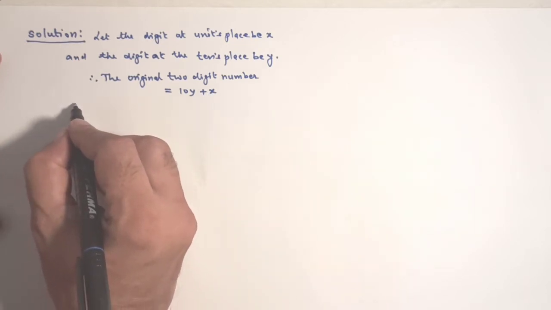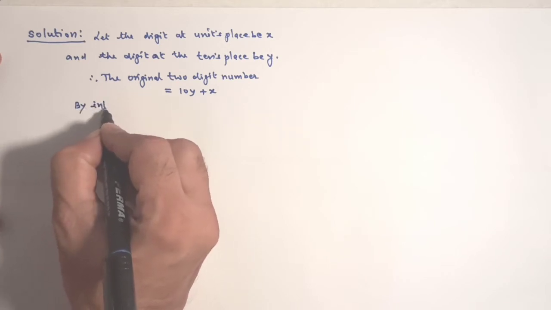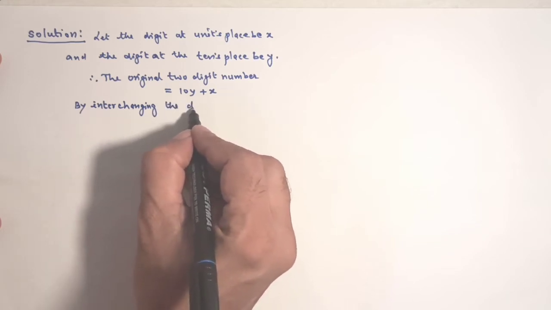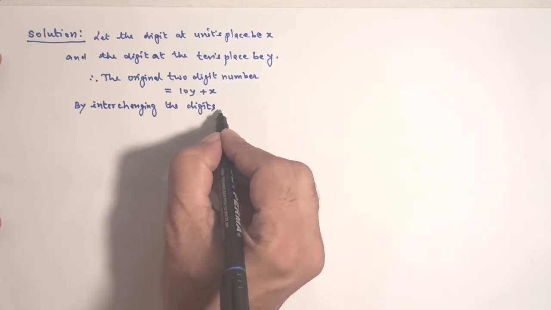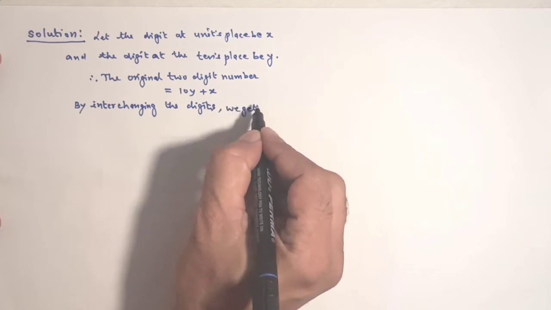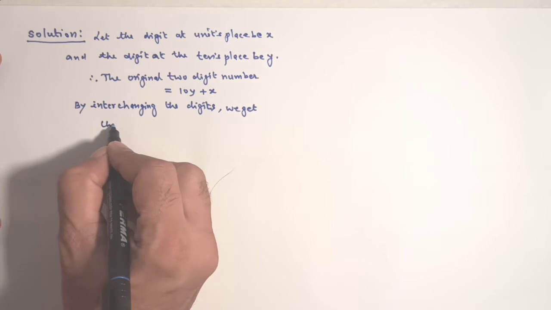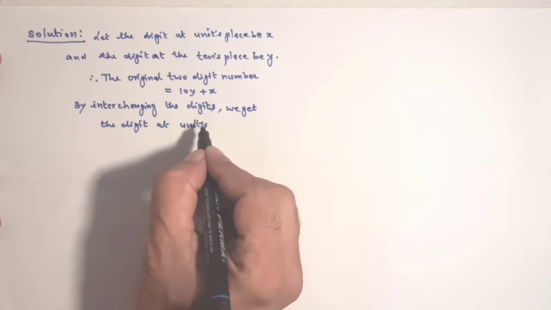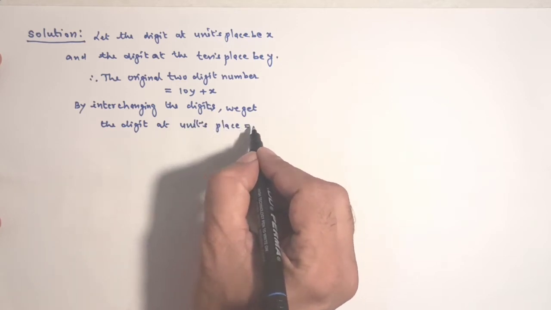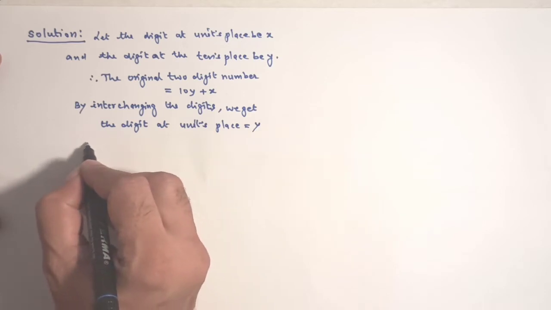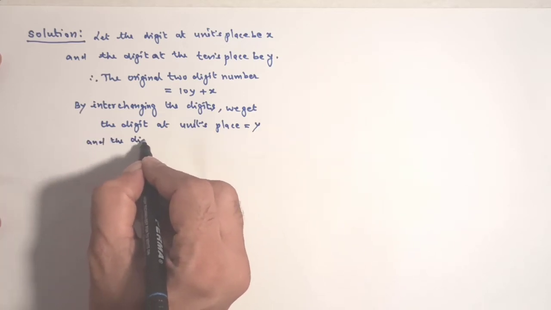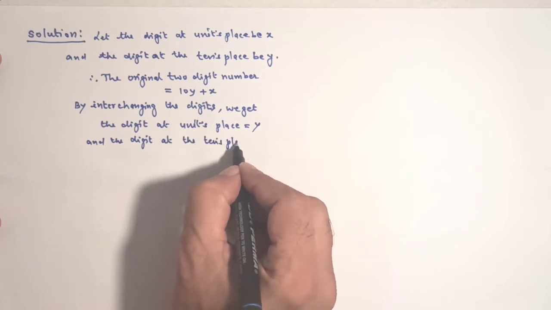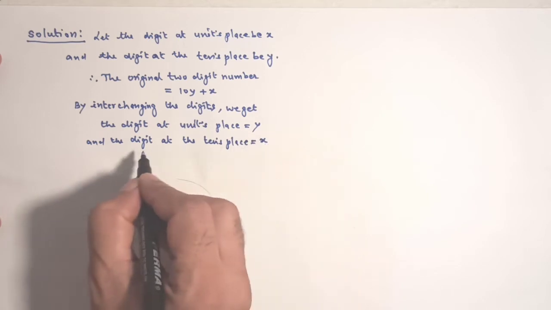Now by interchanging the digits, we get the digit at units place is equal to y and the digit at the tens place is equal to x.